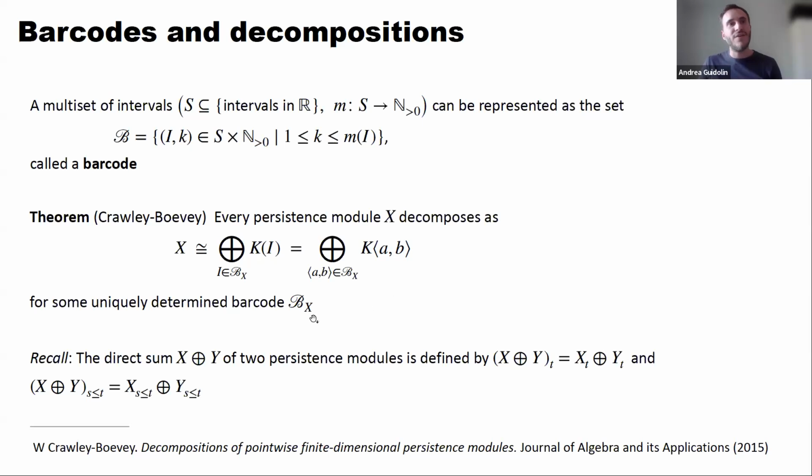And since we use the direct sum here, I want to recall that the direct sum of two persistence modules is defined pointwise. So at T, we just have a vector space that's the direct sum of XT and YT. And the transition maps are the direct sum of the transition maps of X and Y.